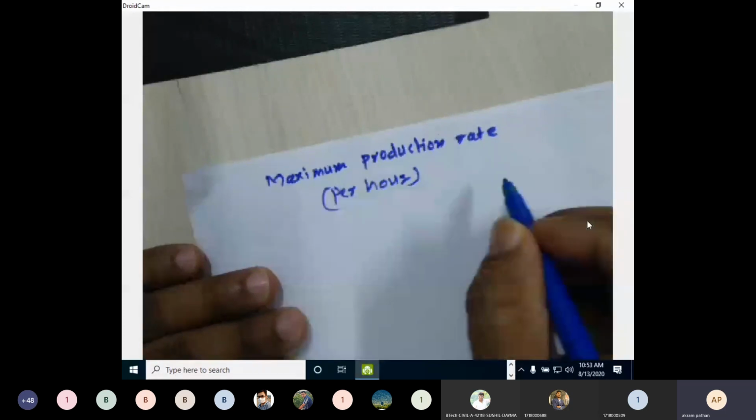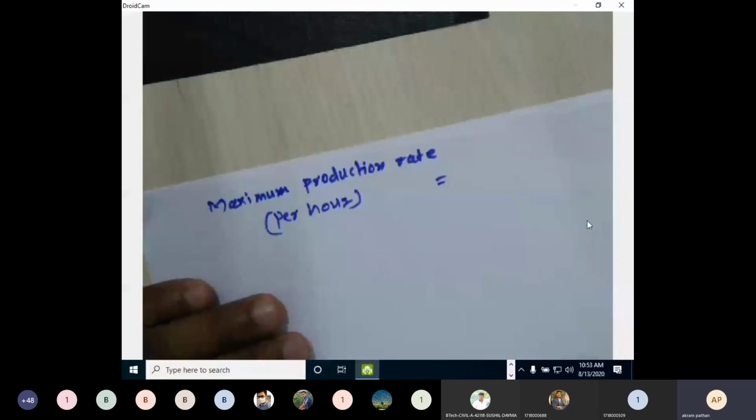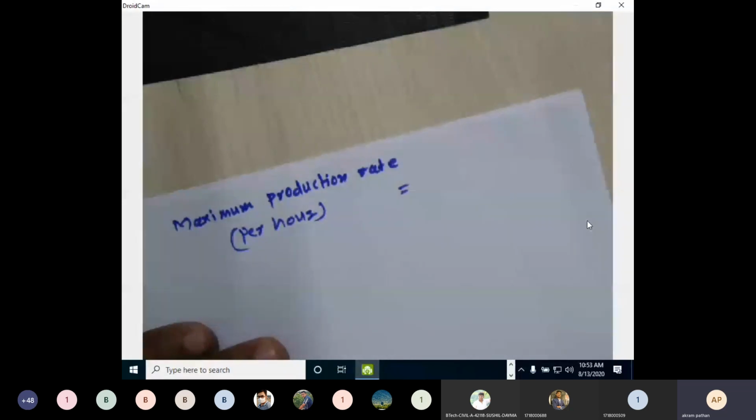Maximum production rate per hour means how much sand or moist loam soil is lifted by that particular machine, wheel loader, in 1 hour.